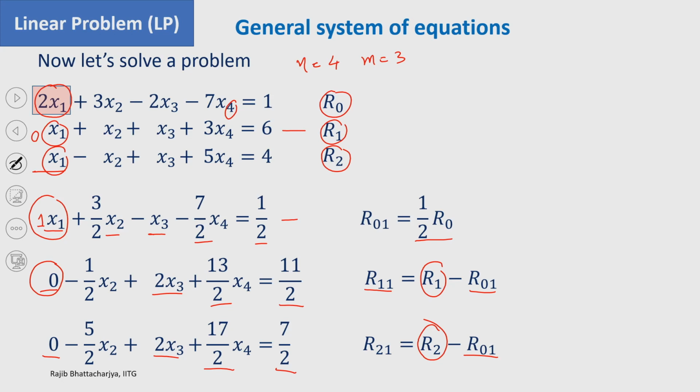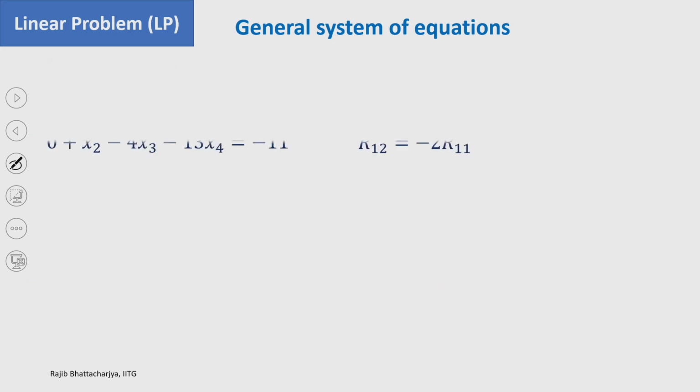So, now what will I do? I will take the x 2 variable. I would like to make the coefficient of the x 2 variable in equation 2 as 1, and then make it 0 for the other two equations. Okay. So, that means I will take this x 2 variable now. What have I done here?